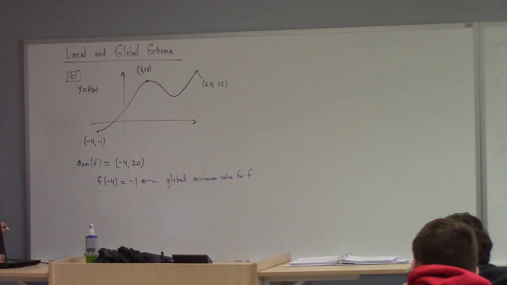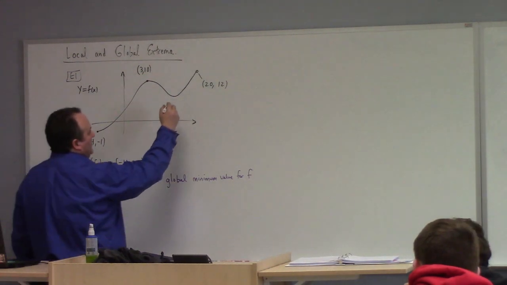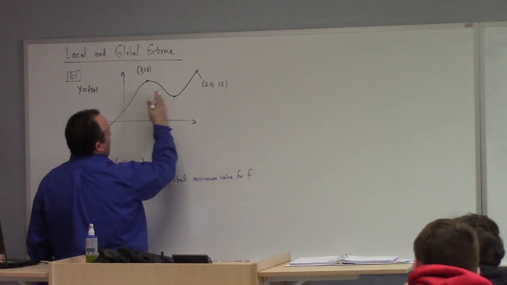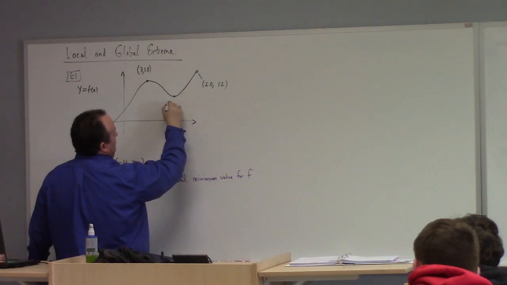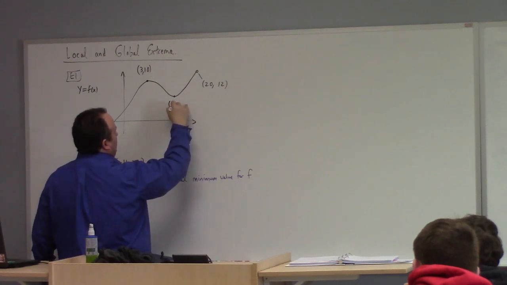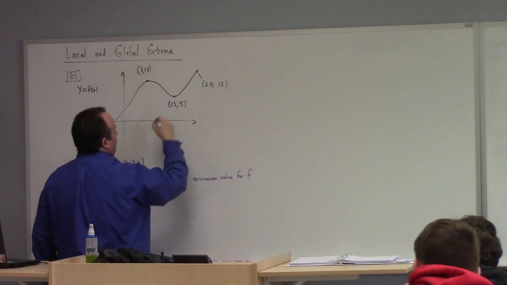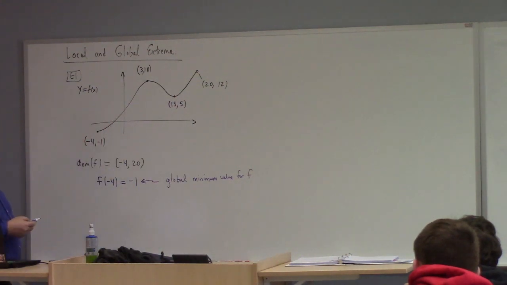And what else can I tell you? I guess I need to give you, so you guys tell me what the points should be here. I'll let you guys pick it. It's somewhere between 10 and 20, right? Like maybe 15? All right, so 15, I'll let you do that. And maybe that's at like 5, all right? Okay, so that's the global minimum value.